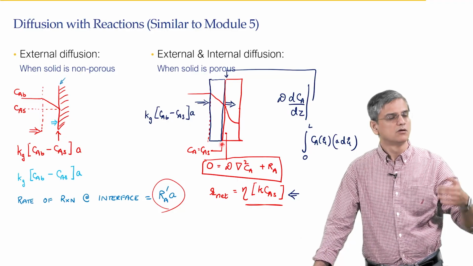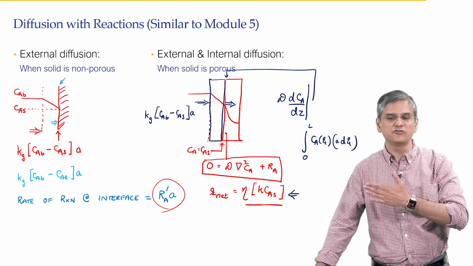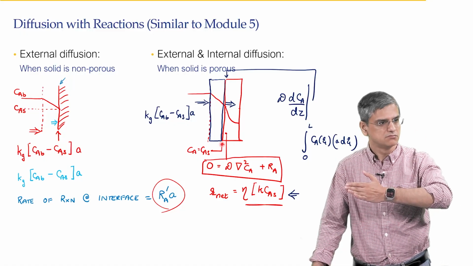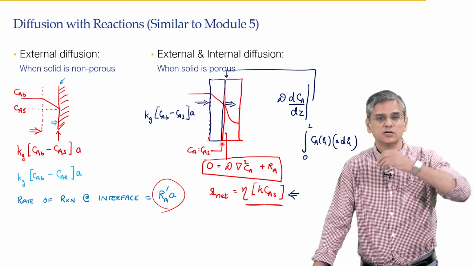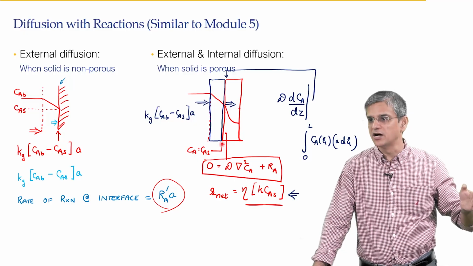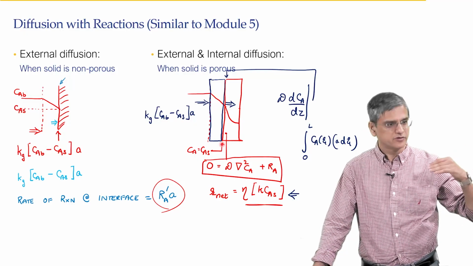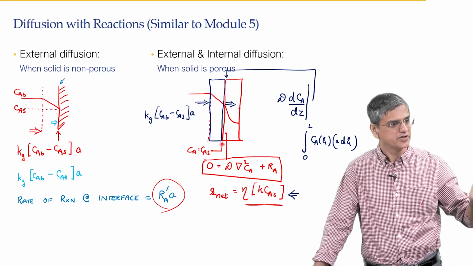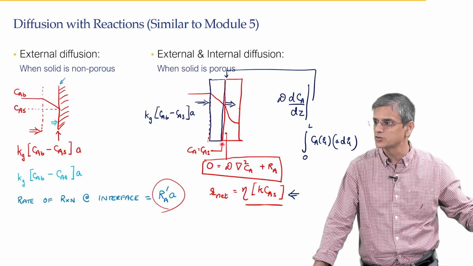Okay. What's the total rate of reaction that is taking place? The total rate of reaction is also equal to that integral. The way you calculated your eta, if you had read the books or the notes, you would realize there are two ways to calculate eta.